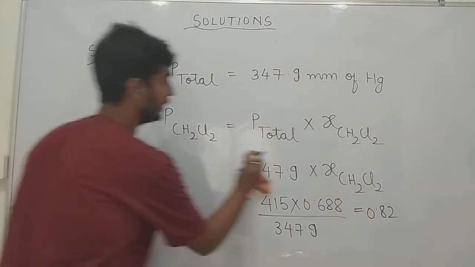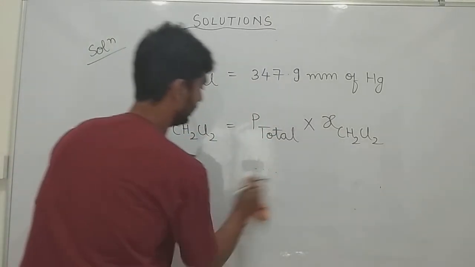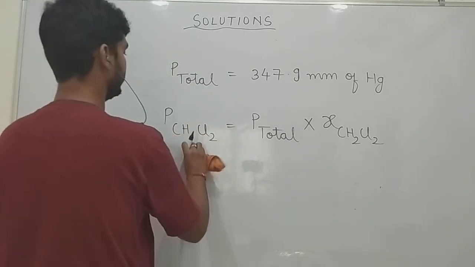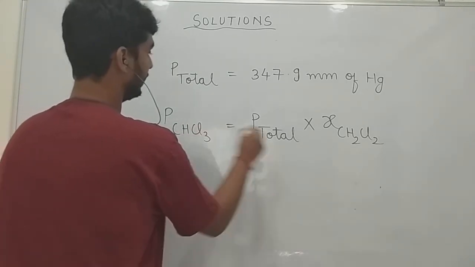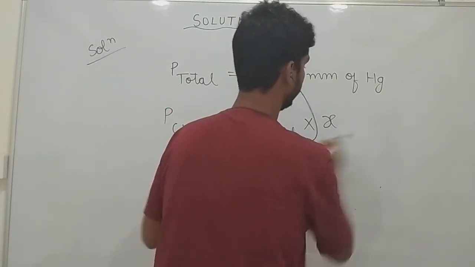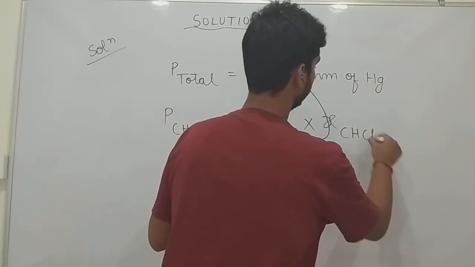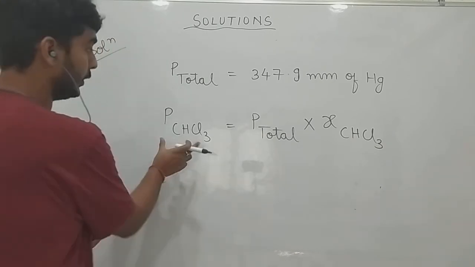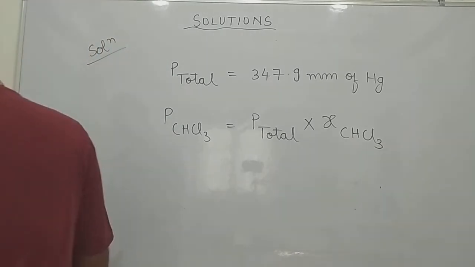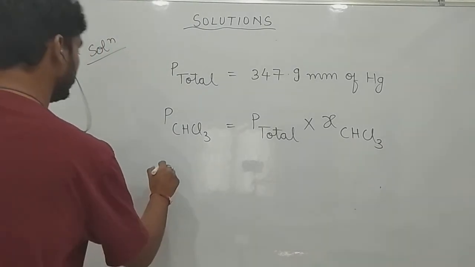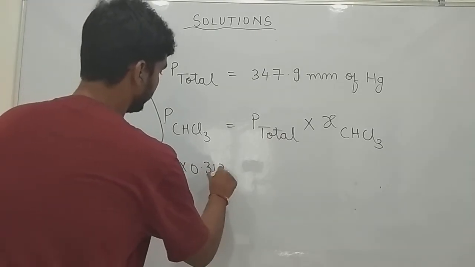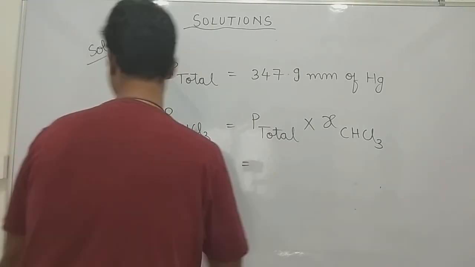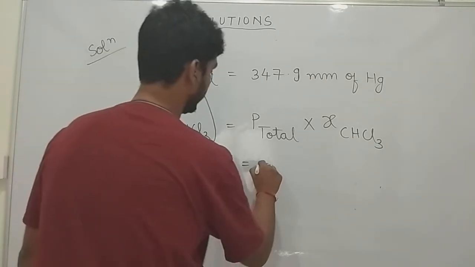Here the formula will just change to CHCl3, total pressure remains the same. The partial pressure of chloroform is 200 into 0.312, and the total pressure is 347.9.